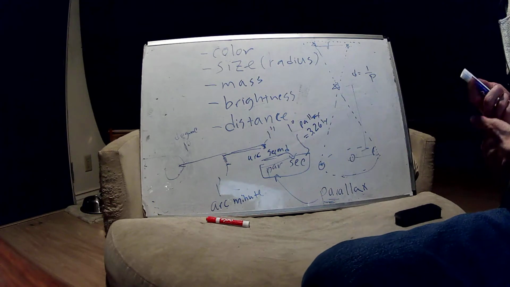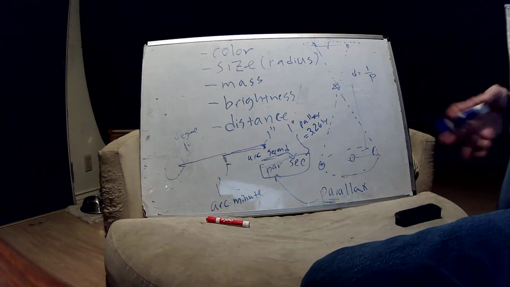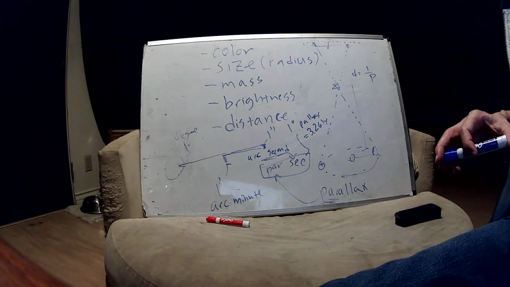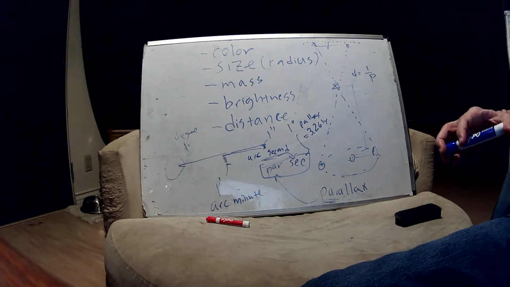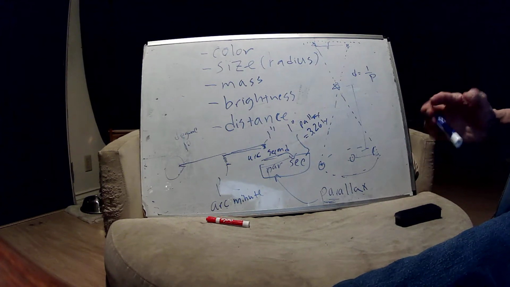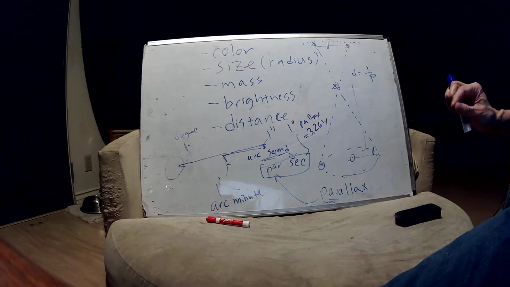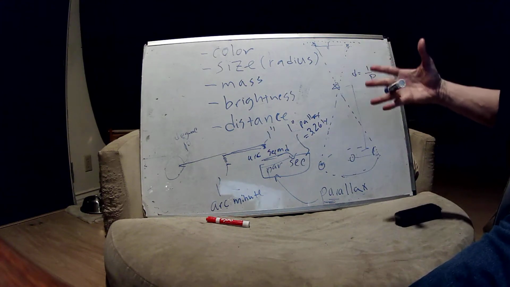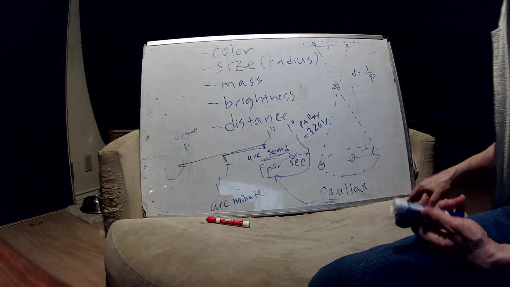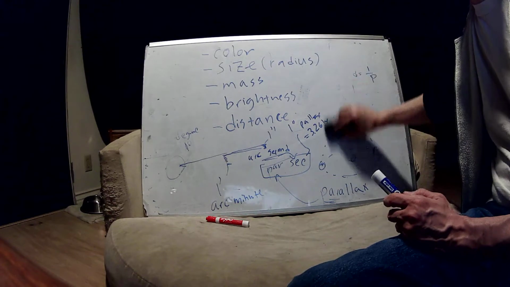However, if we are looking at a galaxy that's really far off, sometimes we can use what we call a standard candle, like a Type 1a supernova, because Type 1a supernovas all happen the same way, and all have the same incredible brightness. And so if we know how bright they are, we can figure out how bright they should appear and then compare. Okay, so that's distance.